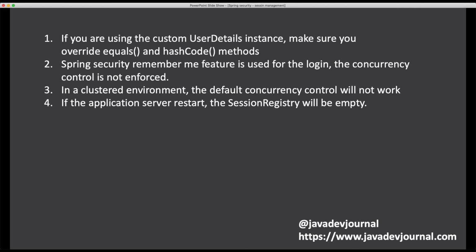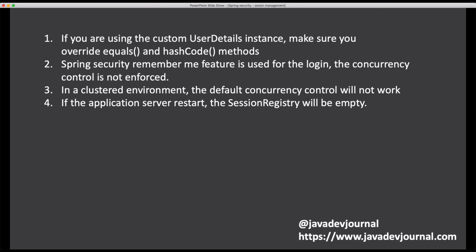There is another problem if your application restarts. That means your session registry will be empty, and all the data from that session registry will be gone, because it's in memory. And then what happens is, because the sessions are controlled by the application server, when it starts and you refresh the browser, you will be auto logged in based upon that JSESSIONID.